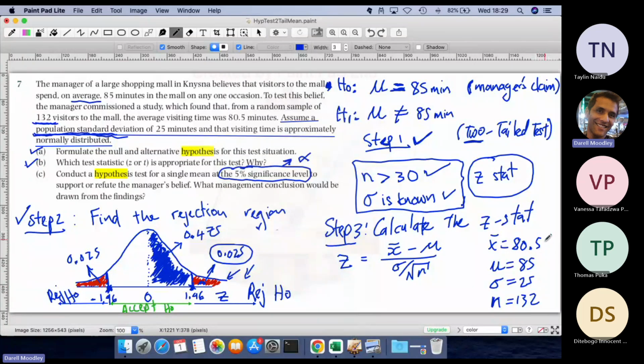Now, if you substitute all of these values into this equation in your calculator, you'll get a value of, I'll write it out. You can do it as well to check if you're getting the same answer.